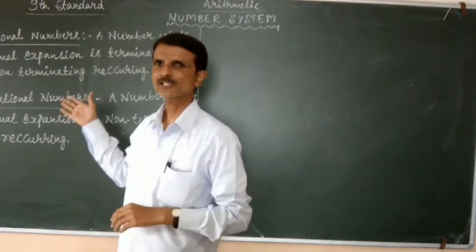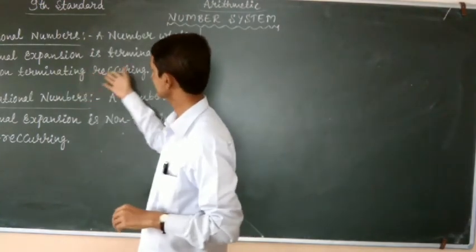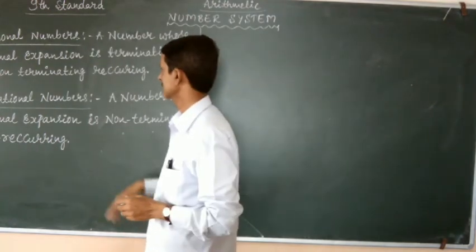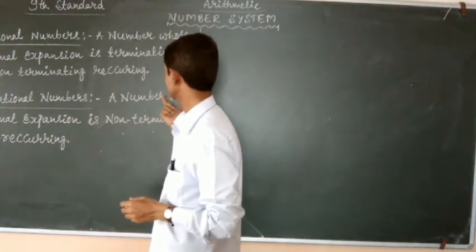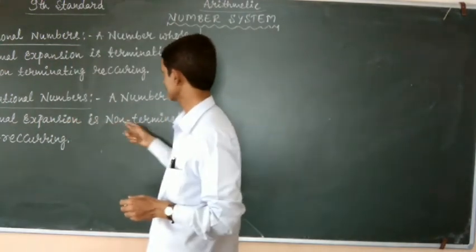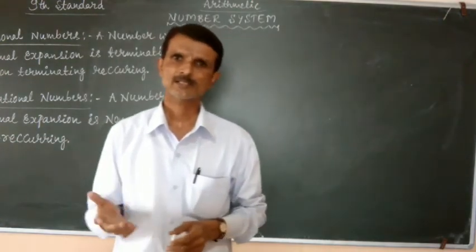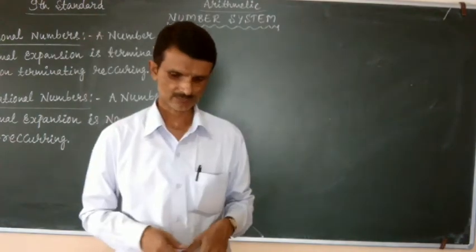Whereas an irrational number is a number whose decimal expansion is non-terminating and non-recurring, so it is called an irrational number.